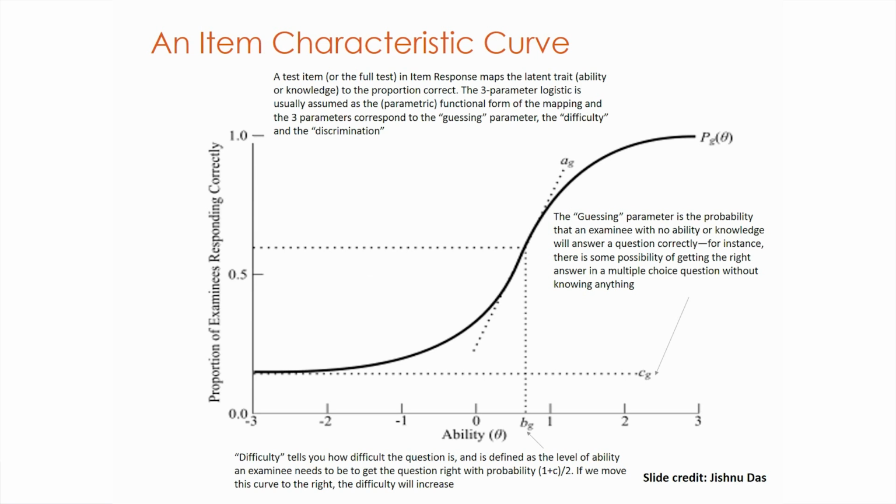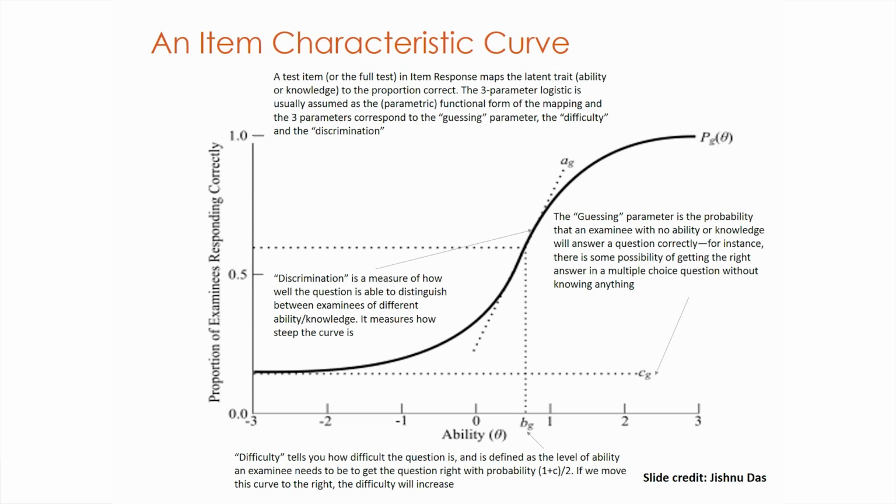The difficulty is defined as the level at which the probability of getting the question right is halfway between the guessing parameter and 1. What that tells you is that a student at this ability will have a 50% non-random chance, taking out the guessing, of getting the question right. If you're above that ability, you're more likely to get it right. If you're below that ability, you're less likely to get it right.